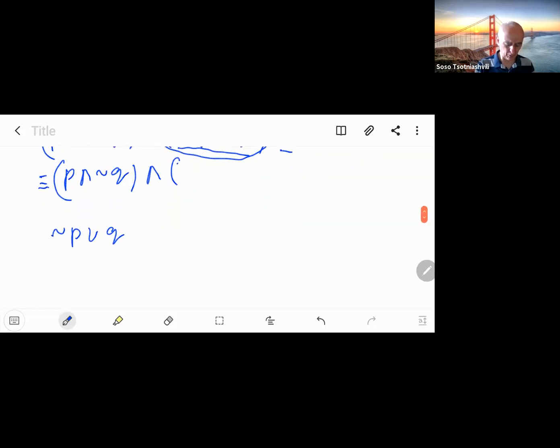What do I know about De Morgan's rule? Not A or not B is equivalent to not (A and B). Now in this case, pay attention, I can write this down like this: not P or not Q.